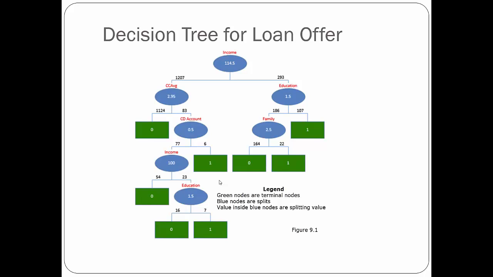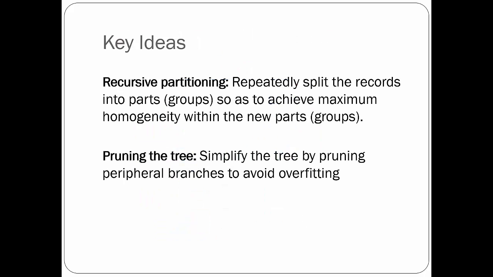You have to be careful with that. We'll have more to talk about that a little later. So the idea is to keep recursively partitioning the data until we get maximum class homogeneity.